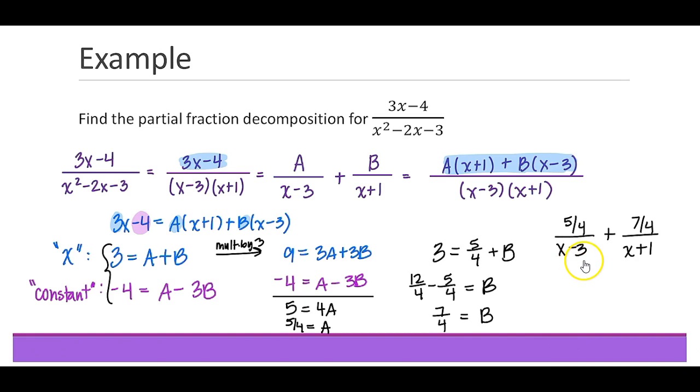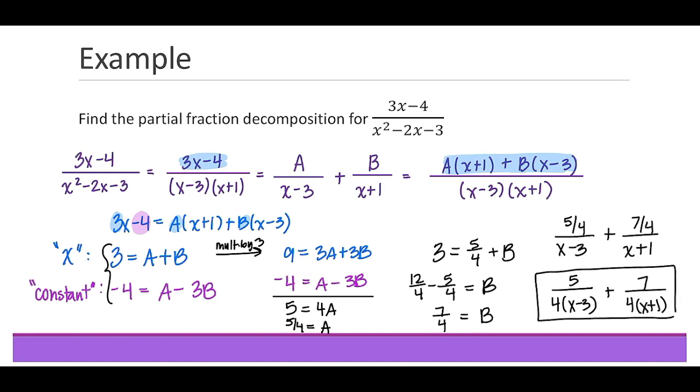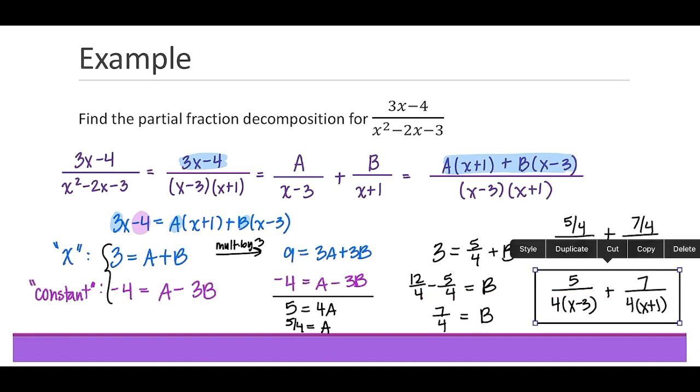But in this case, I don't want to leave a complex fraction, a fraction inside a fraction, so those denominators of 4 in the numerators are going to move down to the overall denominator. So it's going to look like 5 over 4 times the quantity x minus 3 plus 7 over 4 times the quantity x plus 1. So this is my partial fraction decomposition.